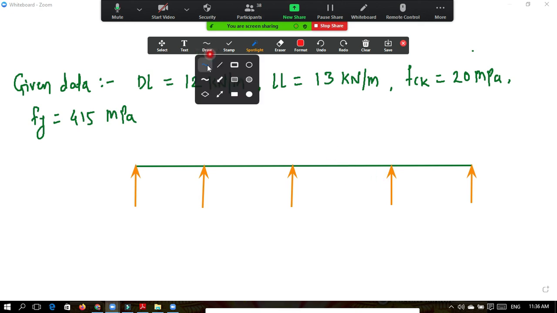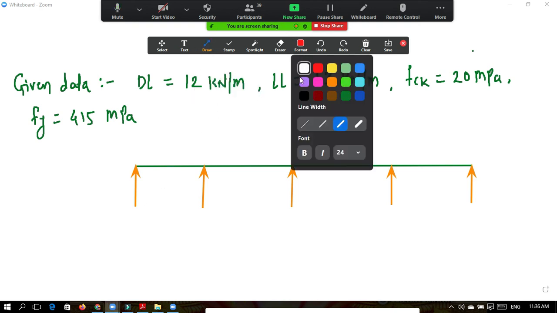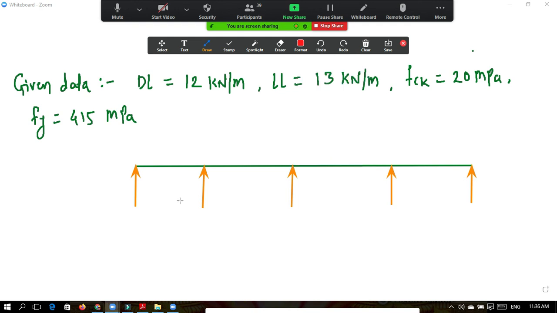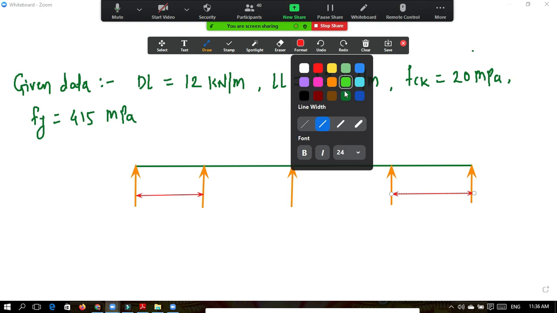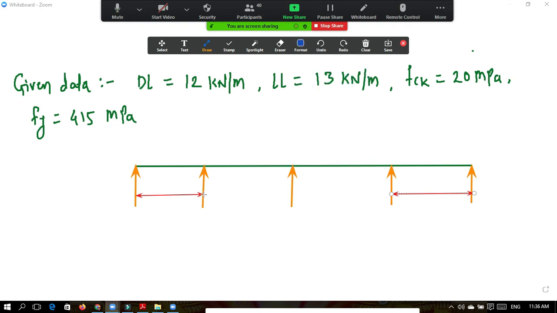Now what they have told us for the end span: at the end, the span is 4 meter, and the span is different in the middle.